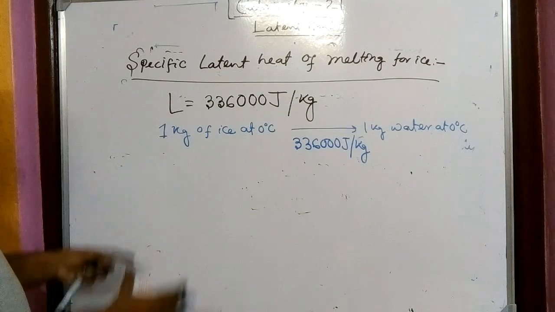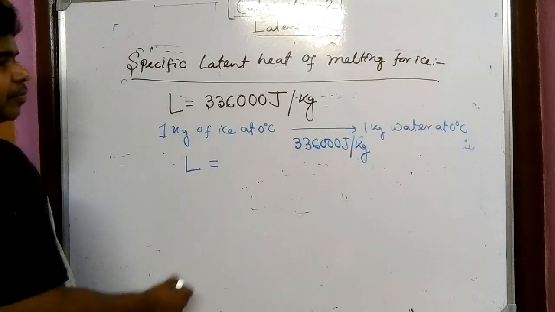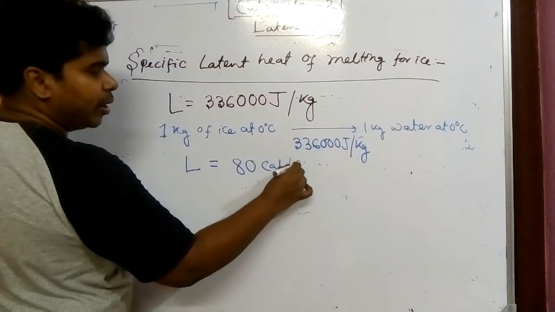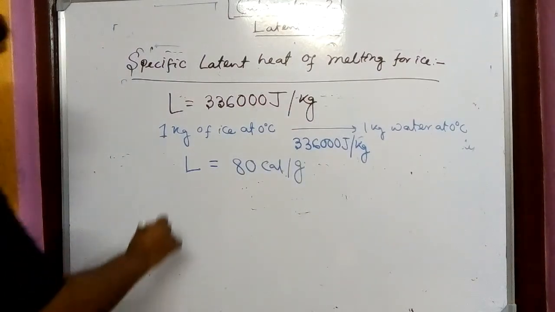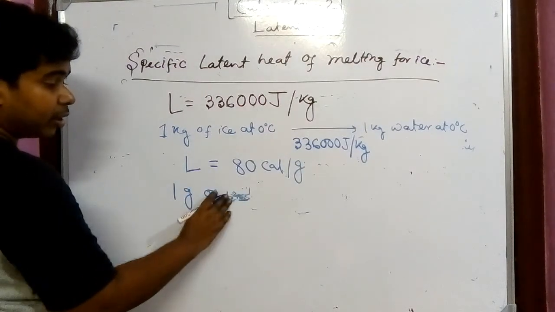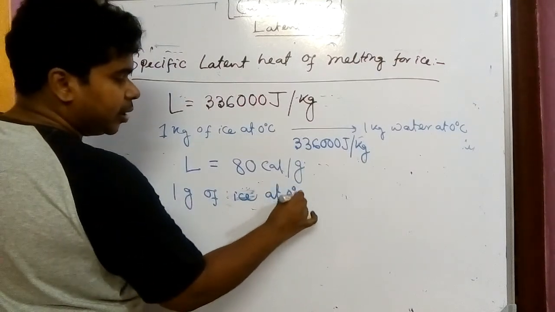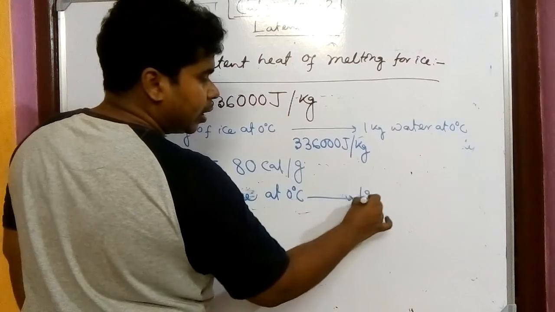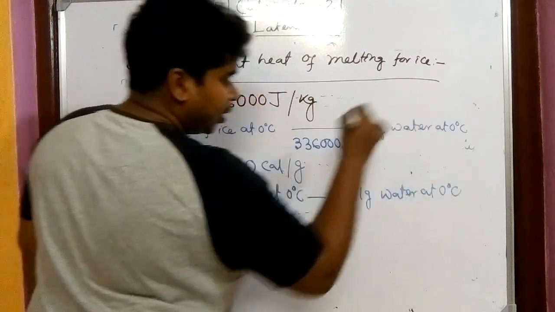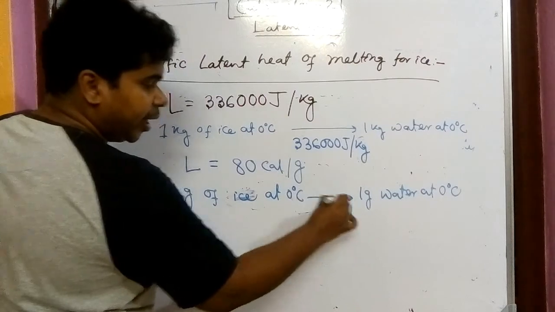In CGS it will be 80 calorie per gram. That means to convert 1 gram of ice at 0 degree centigrade to 1 gram of water at 0 degree centigrade, the heat energy needed is 80 calorie.